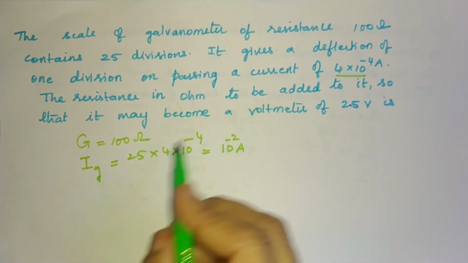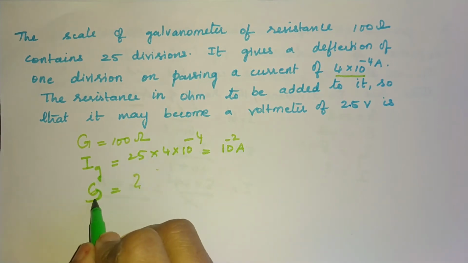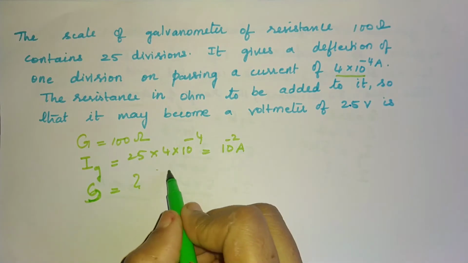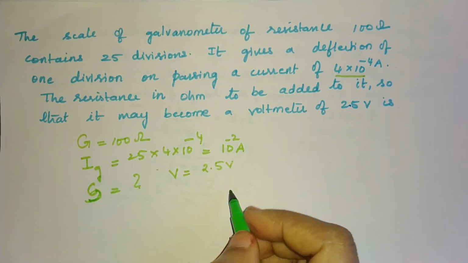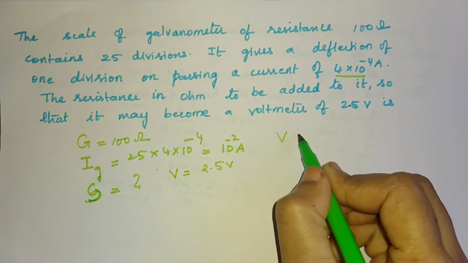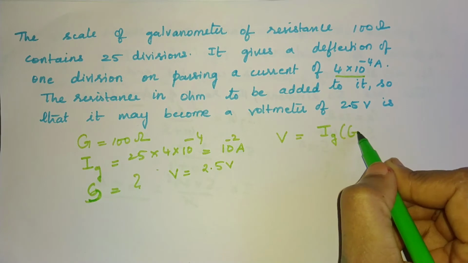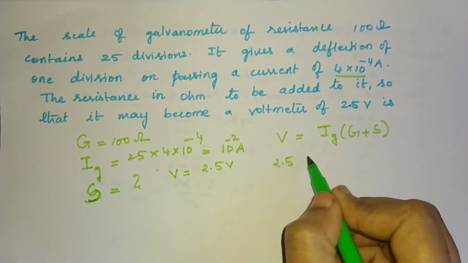What is the resistance in ohms? So we need to find out the series resistance S so that it may be converted into a voltmeter. The range of the voltmeter is given as 2.5 volts. If you are converting a galvanometer into a voltmeter, we know V is equal to Ig into G plus S. V is given as 2.5.